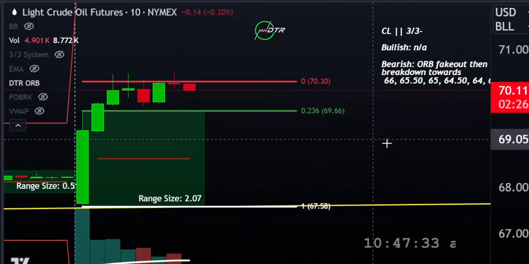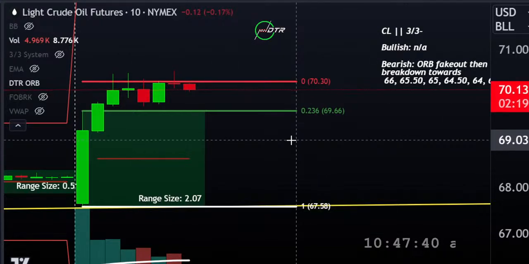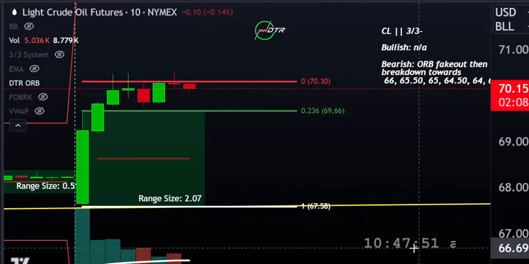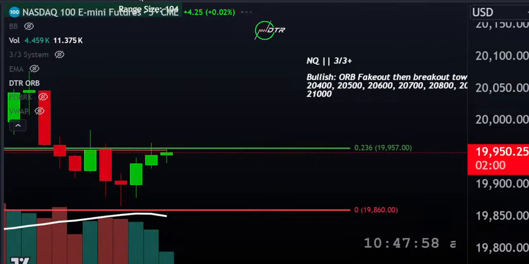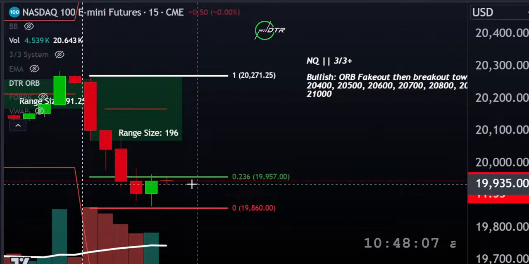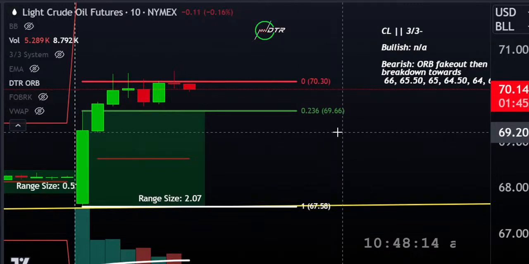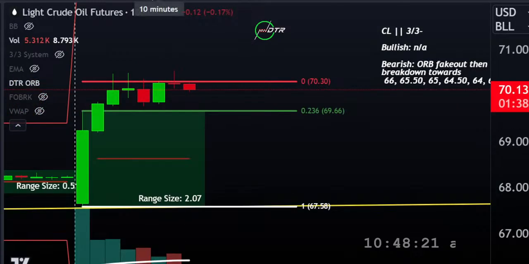VIX creeping down almost towards sub 19. Can't say I've been convinced by this crude move yet.